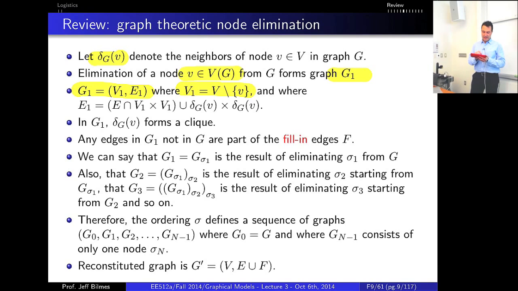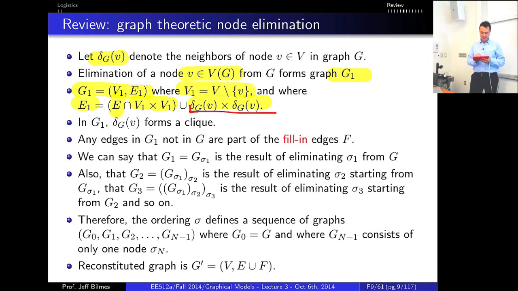And the edge set E1 of this graph G1 corresponds to the original edges, but where we've removed any edge that involves the vertex v that we've just eliminated. But then we've added all edges corresponding to the neighbors of v in the graph within which v was originally eliminated, which is this last bit over here.